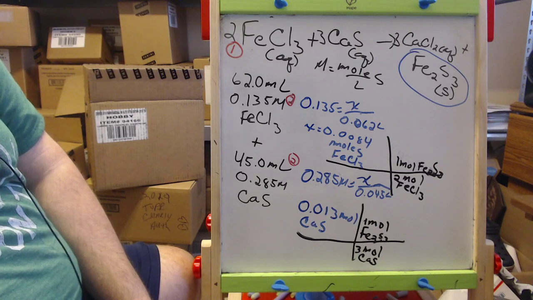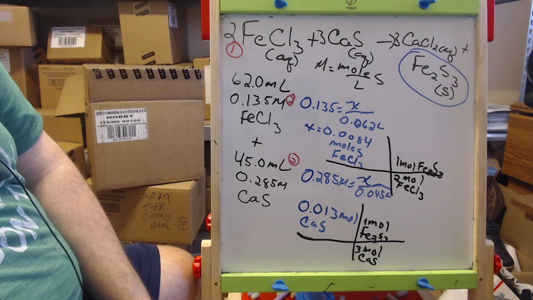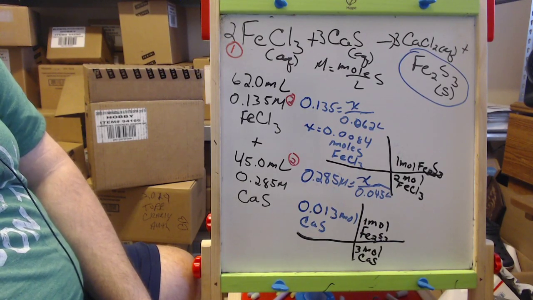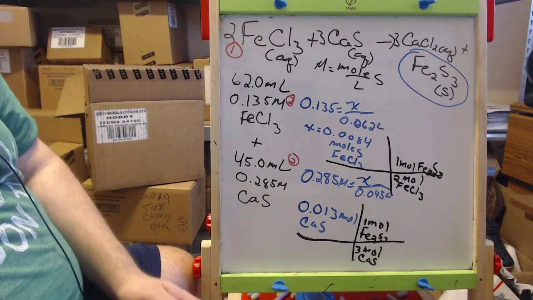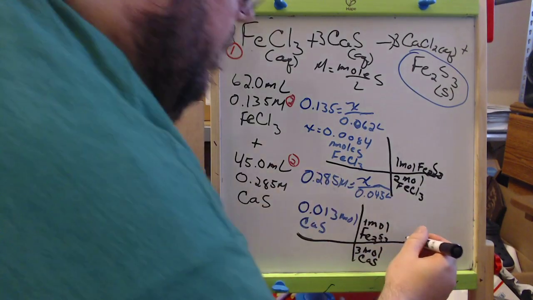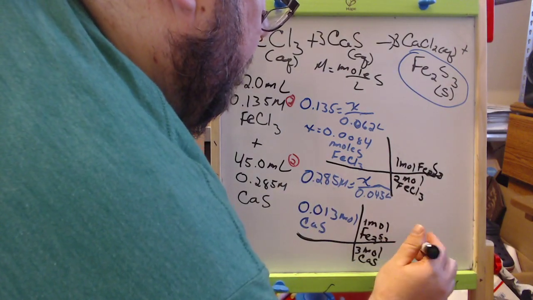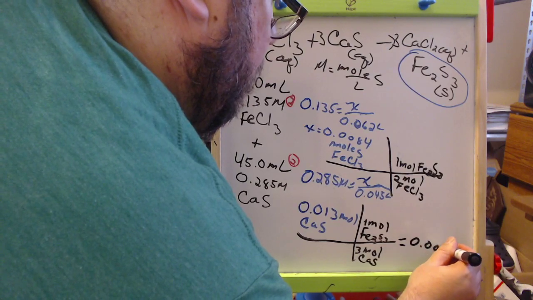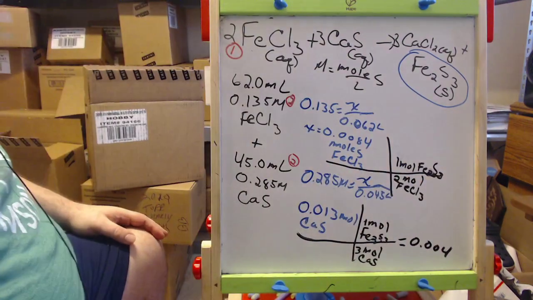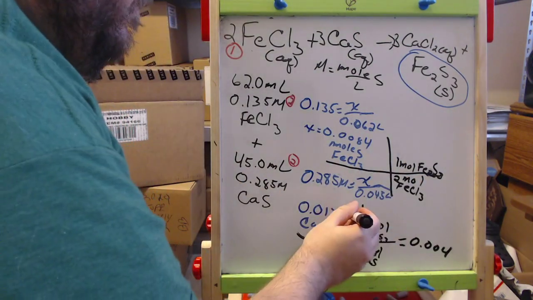I just want to double check my math here. 0.135. That one's right. 0.045 times 0.285. That one's right. Okay. All right. So 0.013 divided by 3 is 0.004. Cross that out. Cross that out.